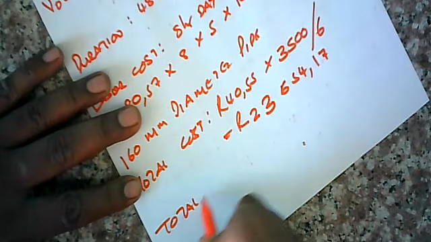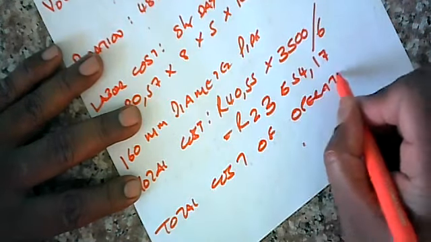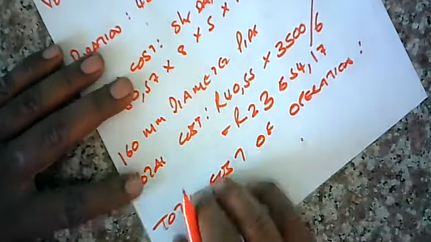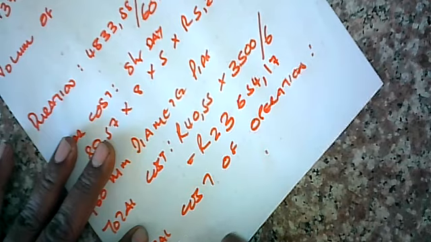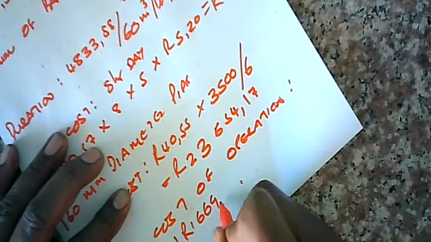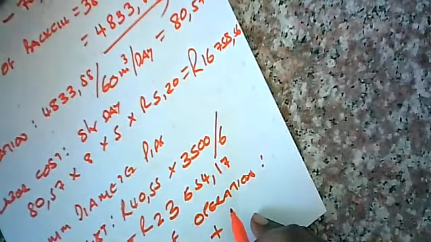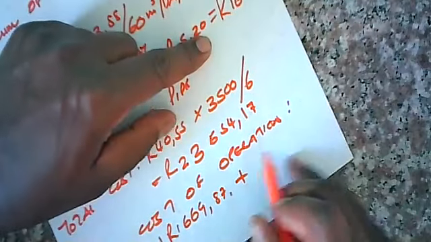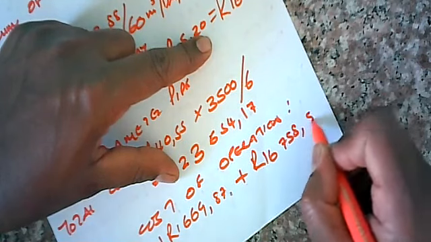All right. So what is the total cost of the operation? Let's start at the beginning. The first cost, 29,532 plus 1,669.87 plus, what is the next one? 16,758.56.